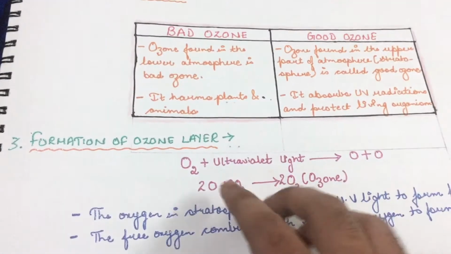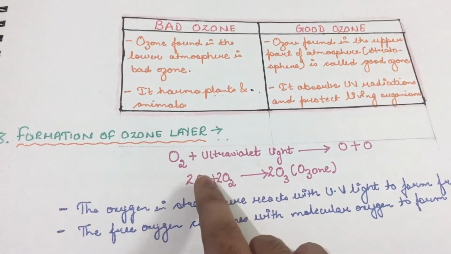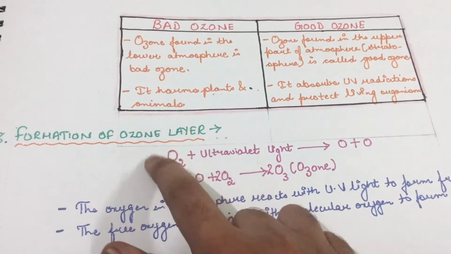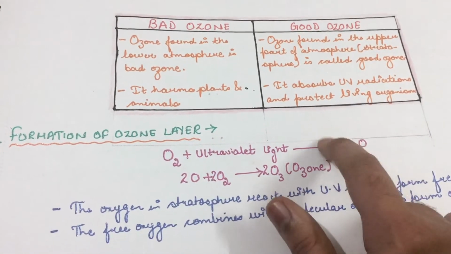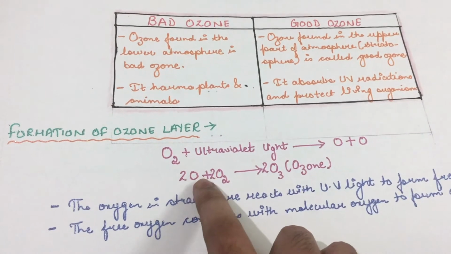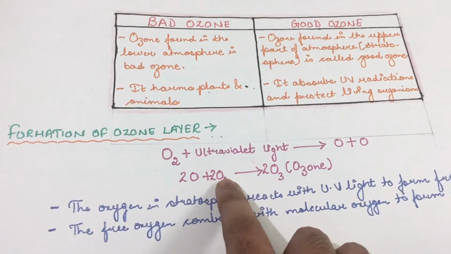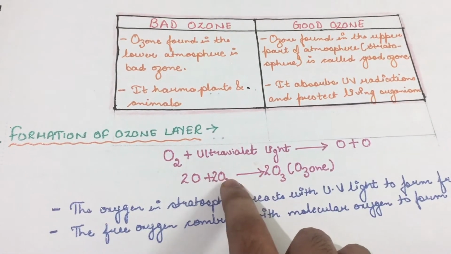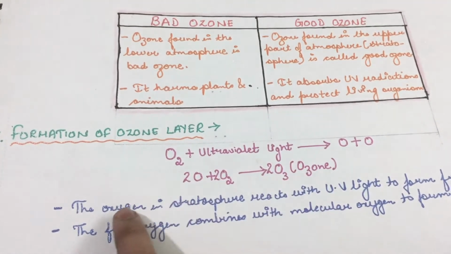Now let us look at how the ozone layer is formed. UV rays act on molecular oxygen to form free oxygen, or nascent oxygen. This free oxygen will combine with O2, meaning molecular oxygen, to form ozone. So how is ozone formed?